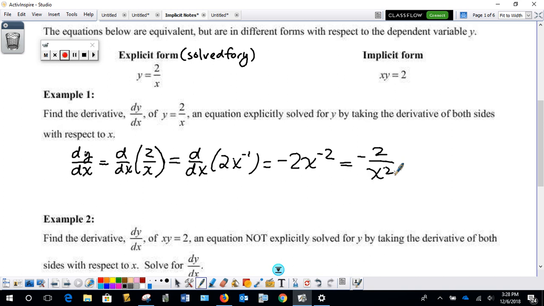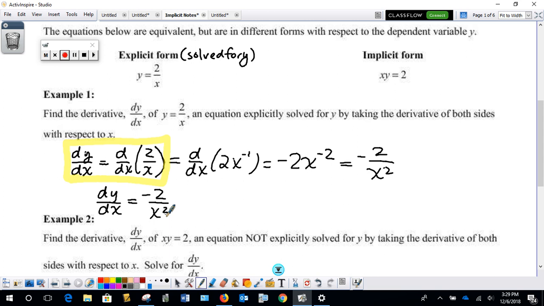So I will say, back here in the beginning, kind of leading up to what we're going to talk about with the implicit, technically, this step right here, I took the derivative of both sides. But because I had it explicitly solved for y up here, when I took the derivative of both sides of the equation, what I ended up with is a formula for the derivative with respect to x that was a function of x.